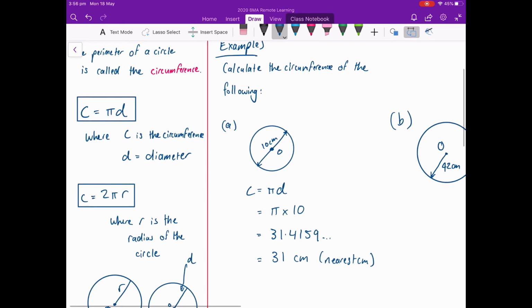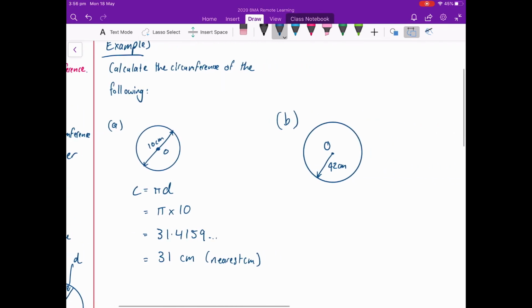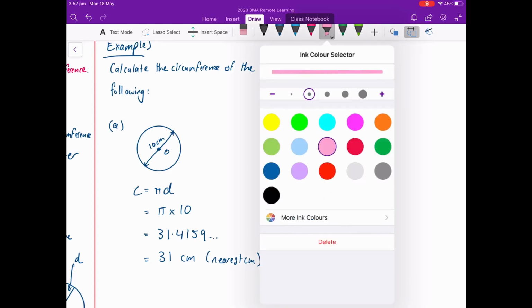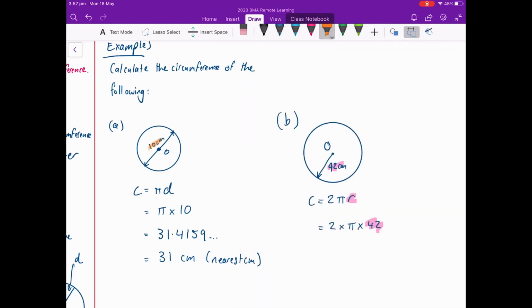C equals 2 pi r. So I'll go 2 times pi times my radius of 42. 42 is my radius, just where in the other one I had 10 as my diameter.